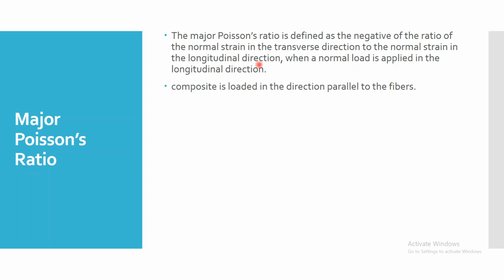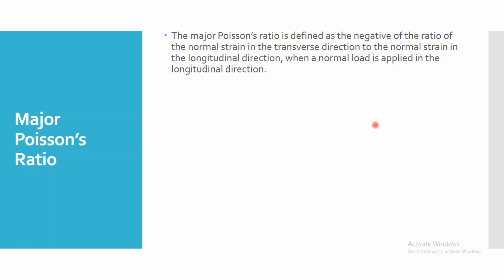I will explain this part with the figure. Whenever strain is developed perpendicular to the surface, it is usually called normal strain. When the load is applied in the longitudinal direction, that is, along the direction of the fibers, there are strains induced in the longitudinal direction, which is normal strain, and in the transverse direction.